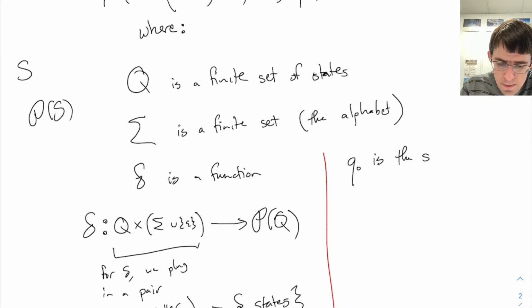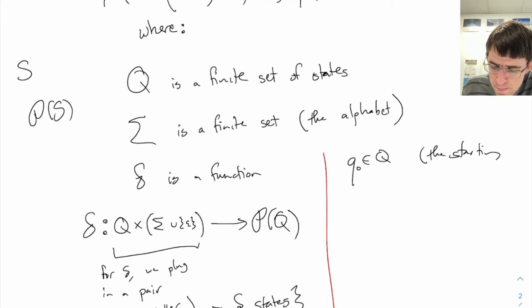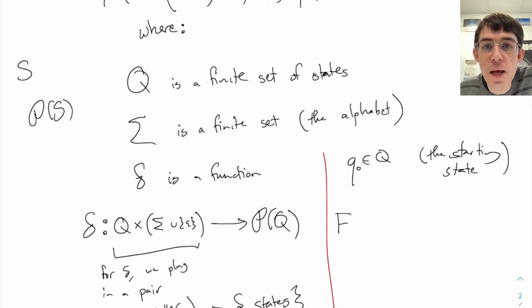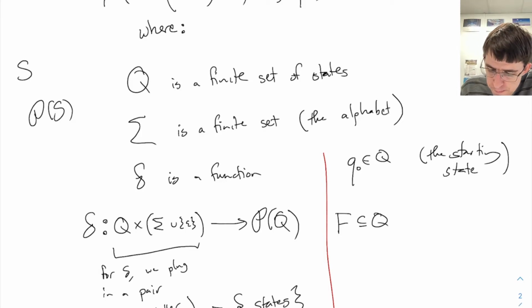I should say, sorry, Q naught is an element of Q, right? The starting state. And the last thing, F is the set of accepting states, and just like before, it is a subset of Q. This is the set of accepting states.